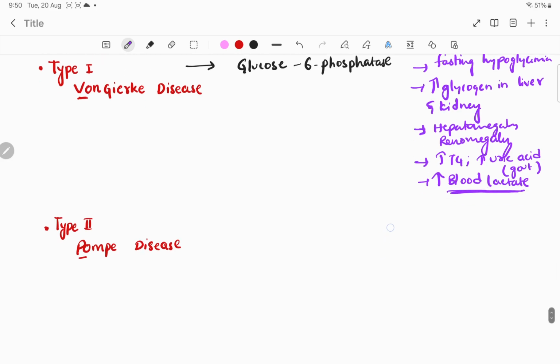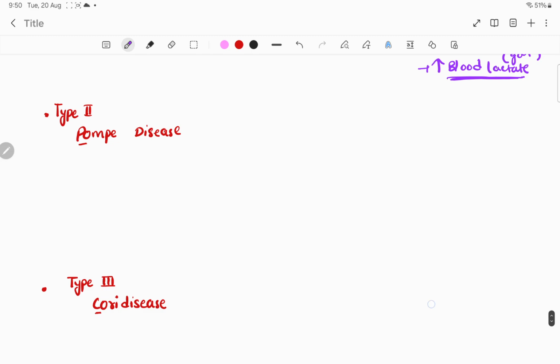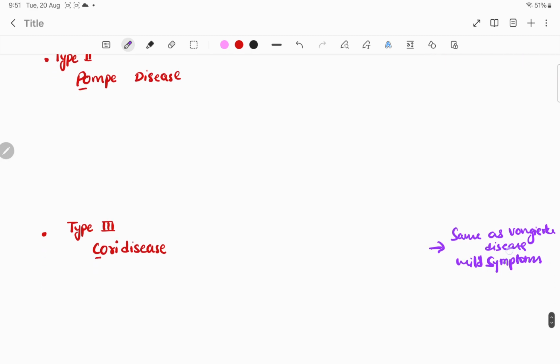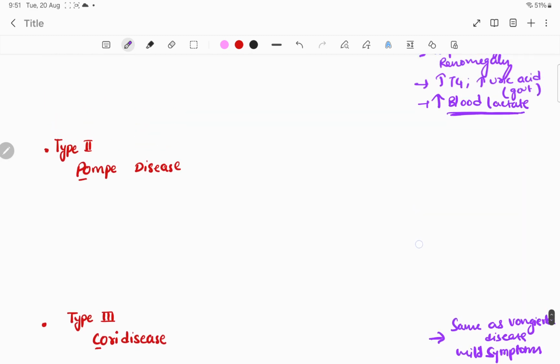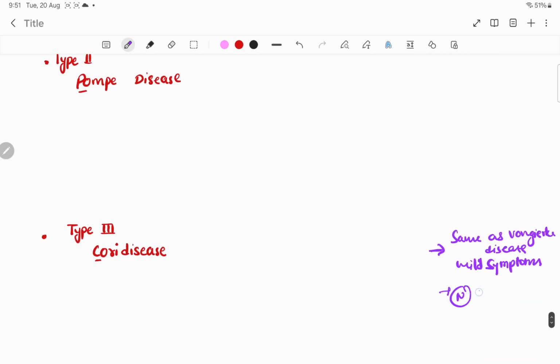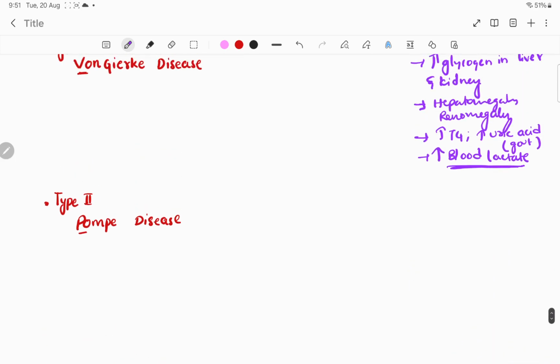In type 3 Cori disease, everything will be the same as Von Gierke disease, with mild symptoms, but there will be a normal blood lactate level. So that's why we learn that increased blood lactate levels are seen in Von Gierke disease.